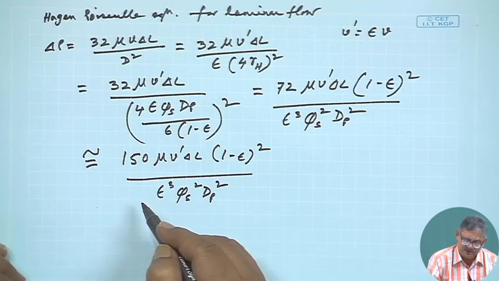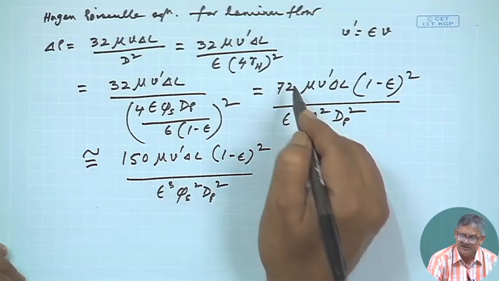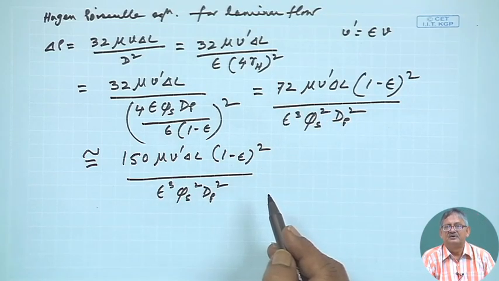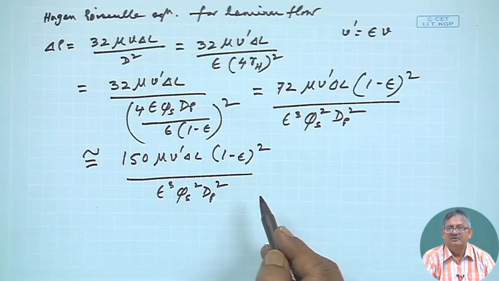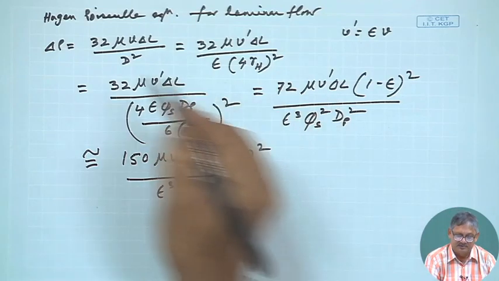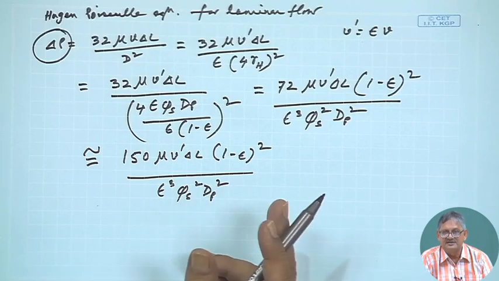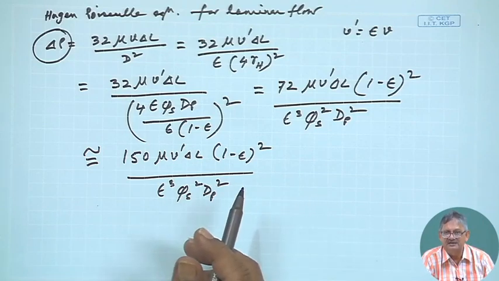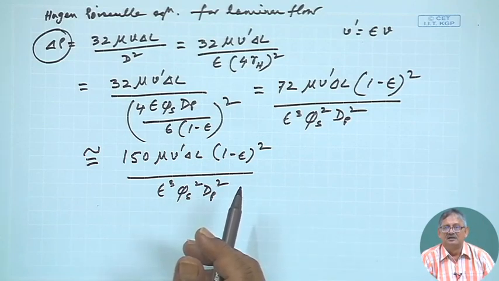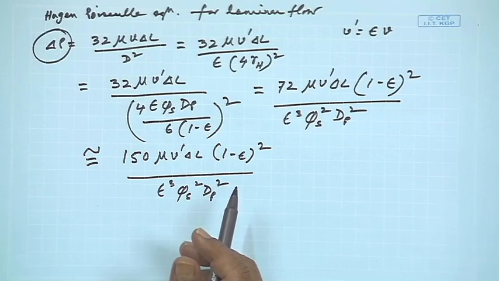Why? Because it has been found that this is a relation by which you can predict the delta P for a laminar flow using the Hagen-Poiseuille equation.